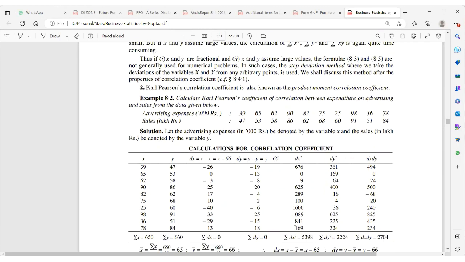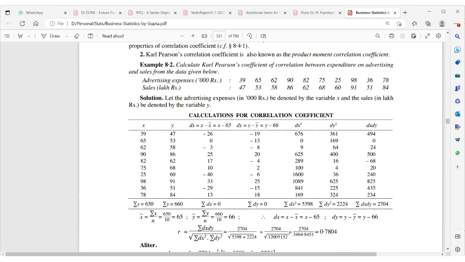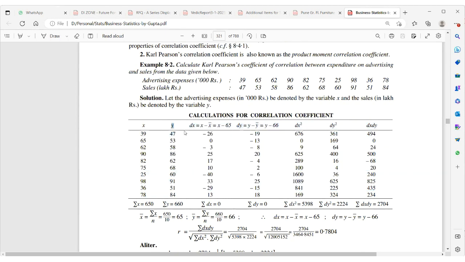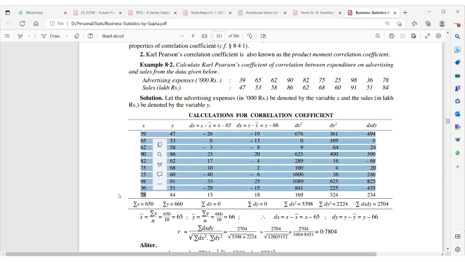Now look at this. In this, we have to find the coefficient of correlation between the expenditure and the sales, right? These two series are given. Let me take one as x, second one as y. In this series, we just add these numbers.